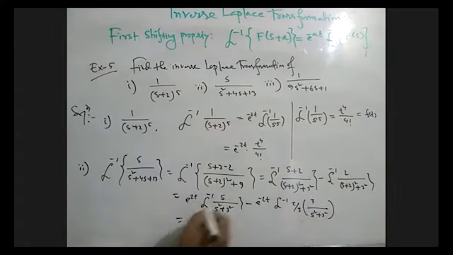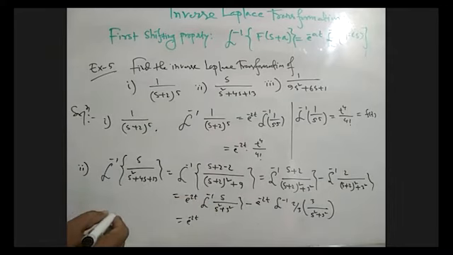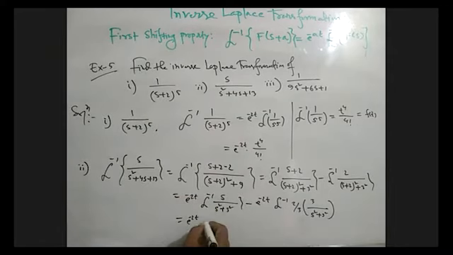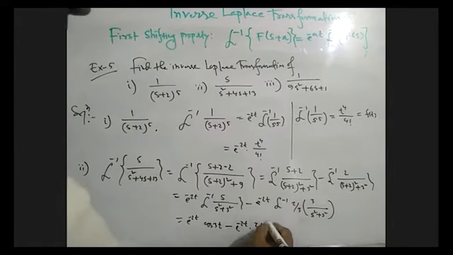So e to the power minus twice t times the inverse Laplace transformation, by the formula, cos thrice t, minus e to the power minus twice t times, by the formula, sin thrice t, times 2 by 3. So this is the result.